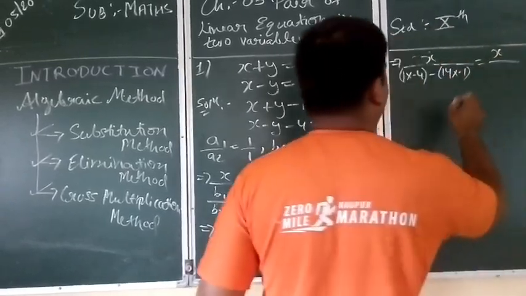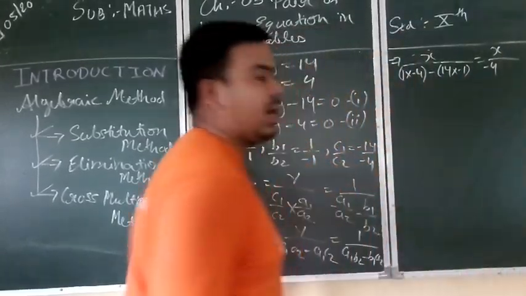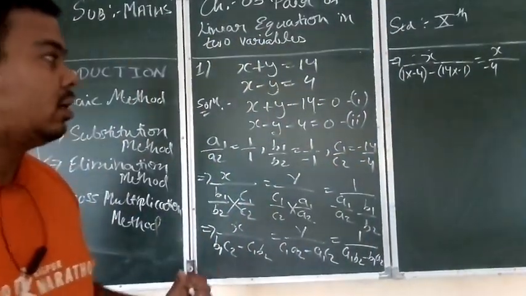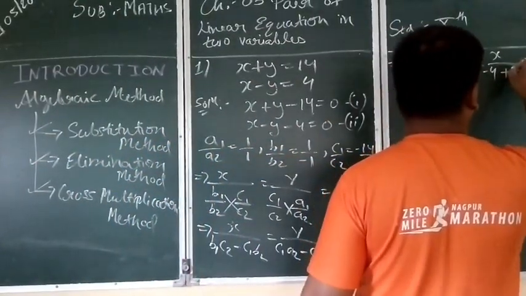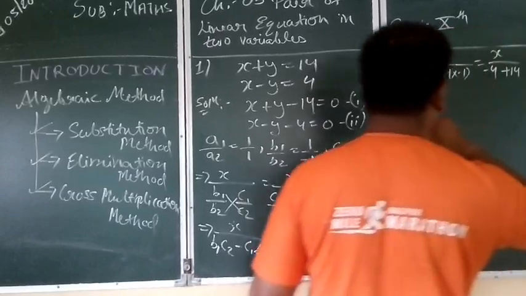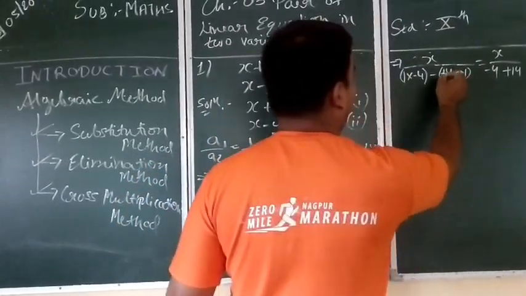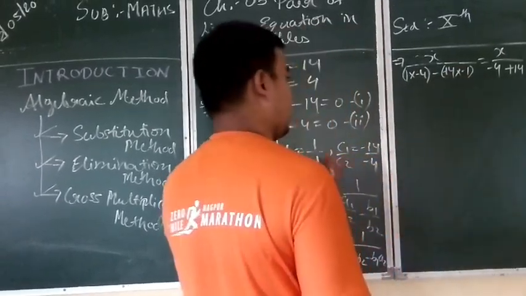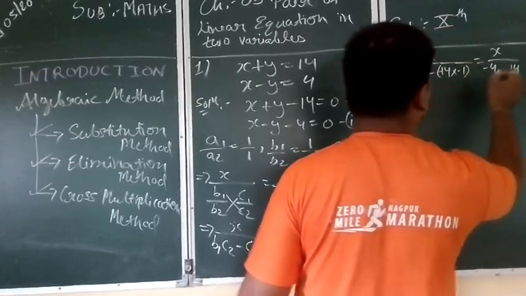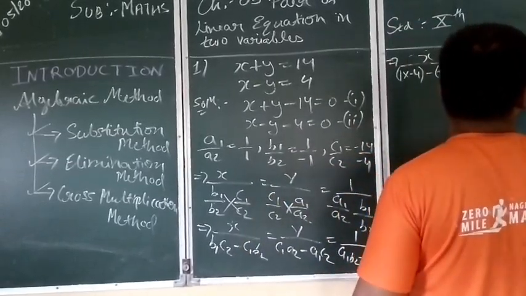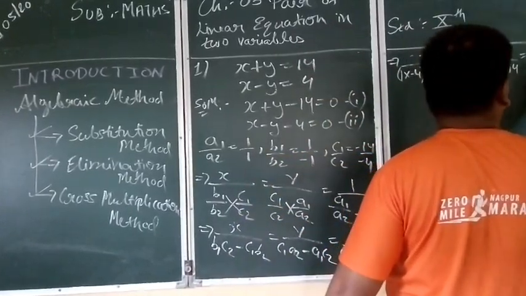So minus 4, minus minus 14 times minus 1. Sorry, 14 is minus, no? So minus 14 times minus 1, minus into minus is plus. So x is minus 4 minus 14, which is minus 18.